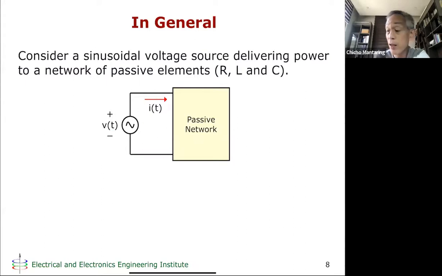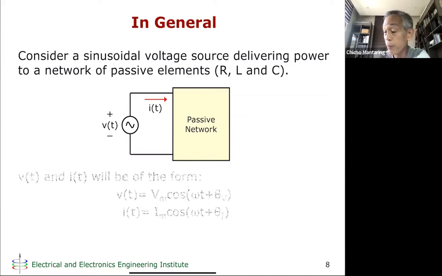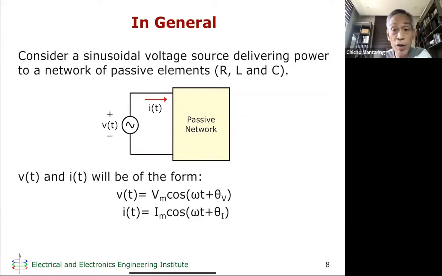If I represent this by its phasor, this will also be a phasor. But let's think in time domain for the meantime. So if I apply sinusoidal voltage, I expect a sinusoidal current to flow.